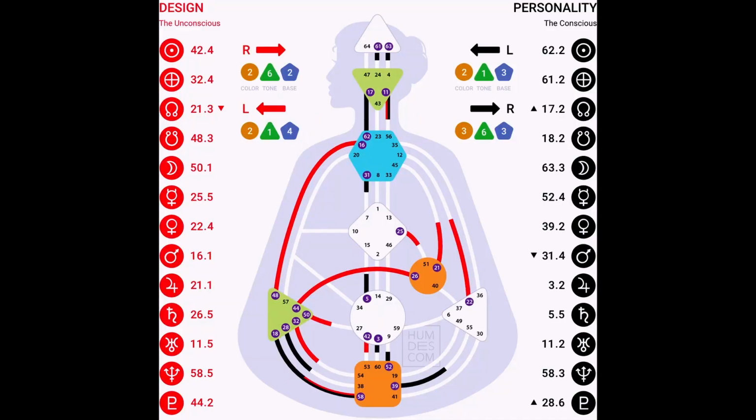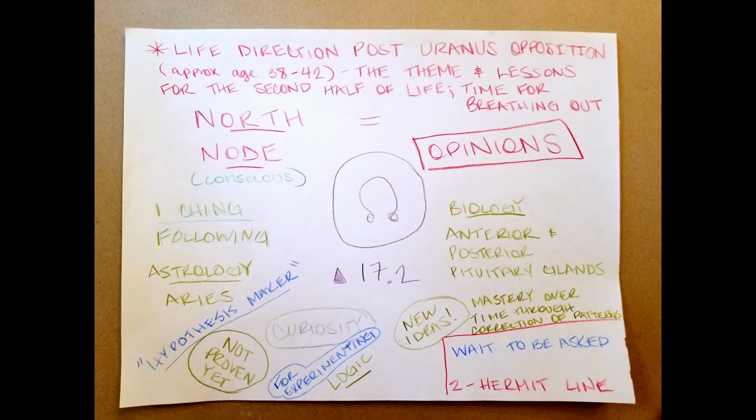Now we're going to get outside of my incarnation cross, because we just covered those top two consciously for the incarnation cross. Now we're going to dig into the other gates. So this upside down U is what they call the North Node, and it means the life direction after the age of 38 and before the age of 43.